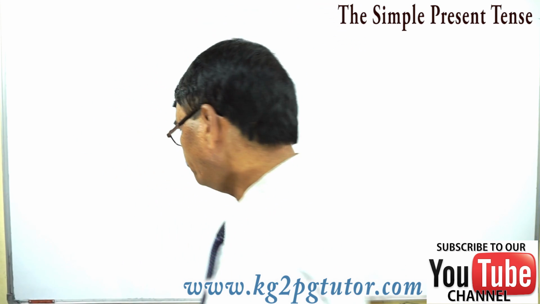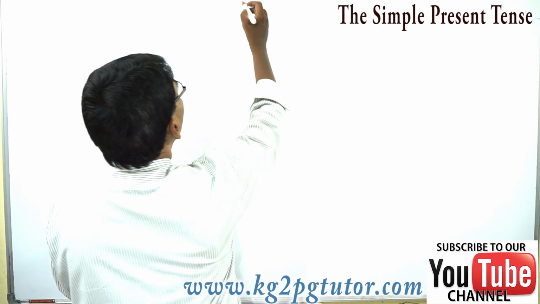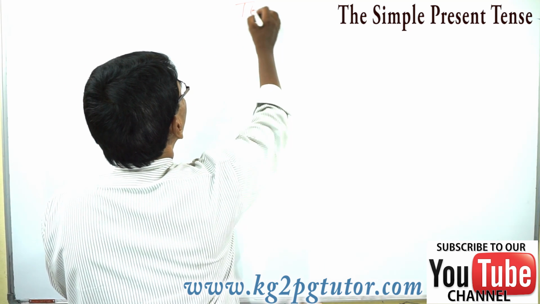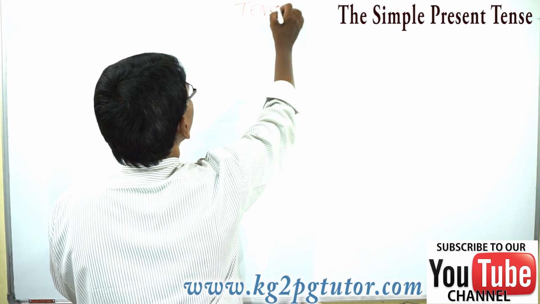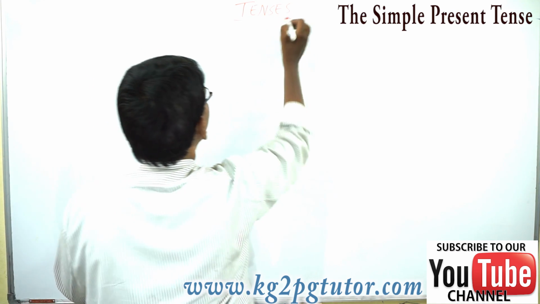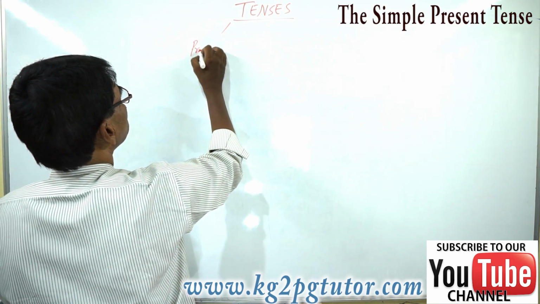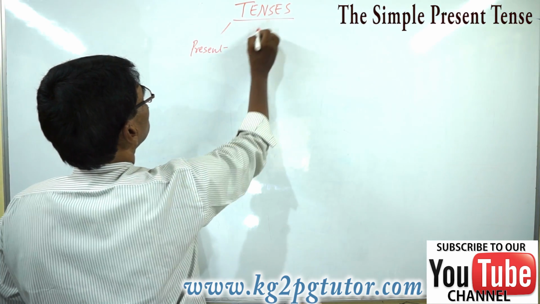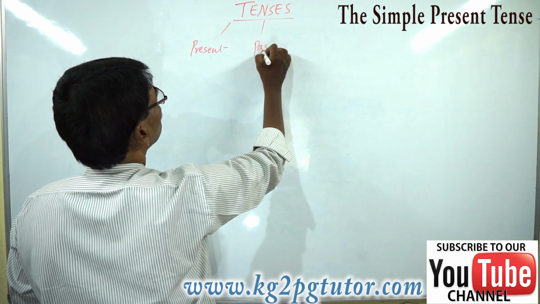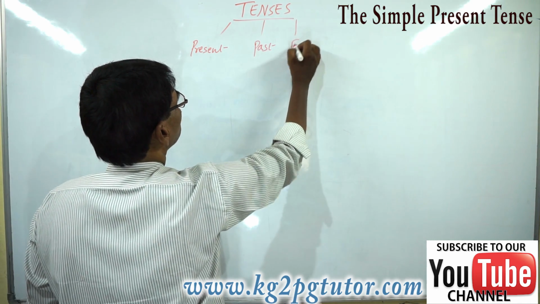Now, we know we have tenses in English or in any other language also. But here we have three kinds of tenses: the present, the past, and the future.